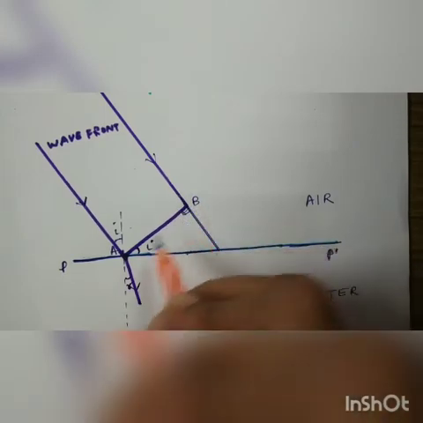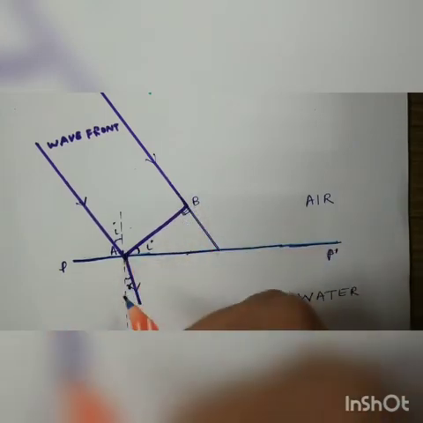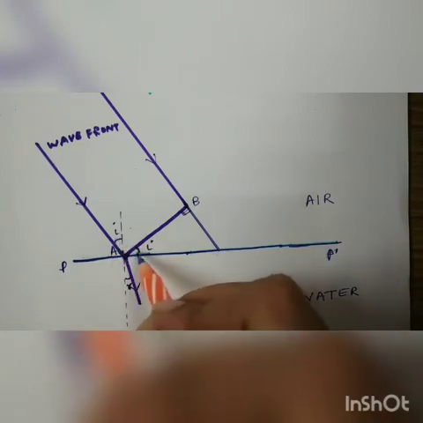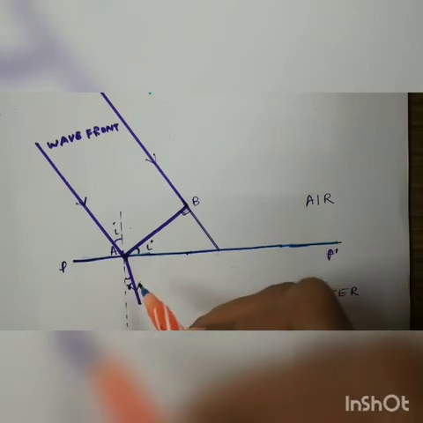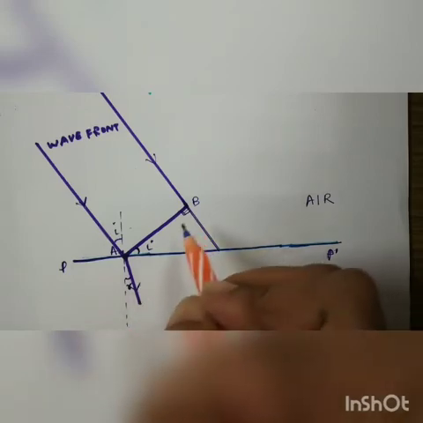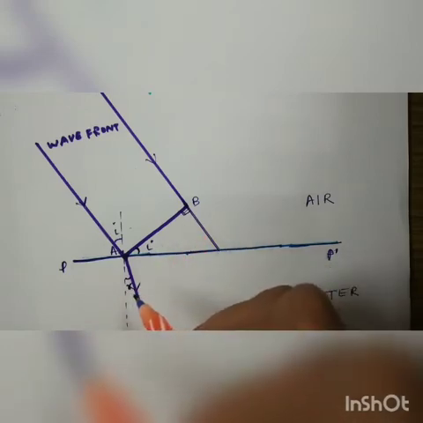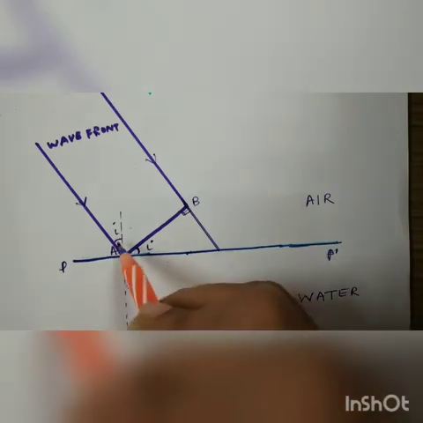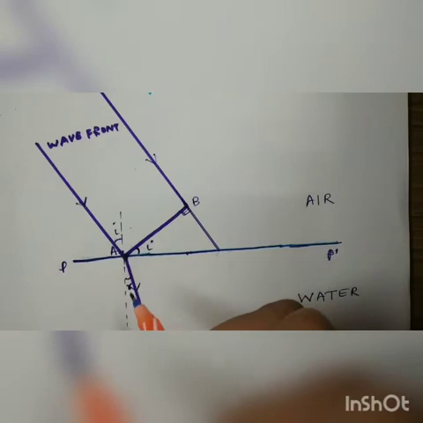This angle is 90 degrees, and this angle is 90 degrees. And since this angle is I, this angle is also I. From this figure, it is simple geometry.